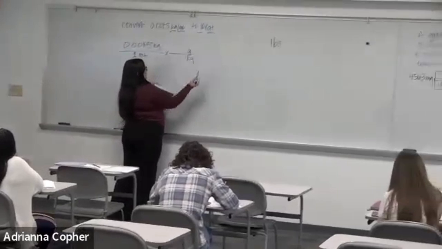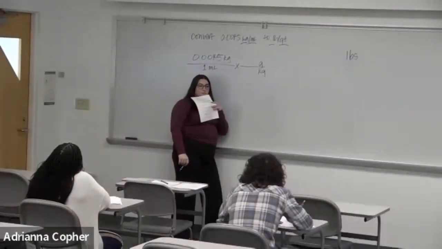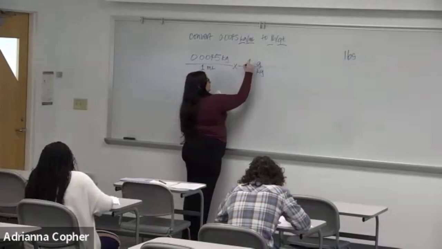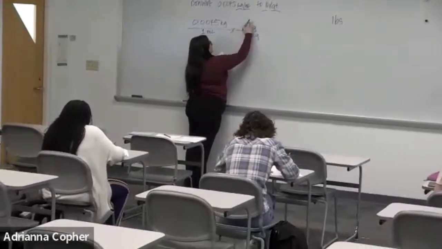Okay. So which one's bigger? Do you want to do my method or lines? You want to do lines? Okay. So our smaller one is gonna get our 1. So 1 gram.